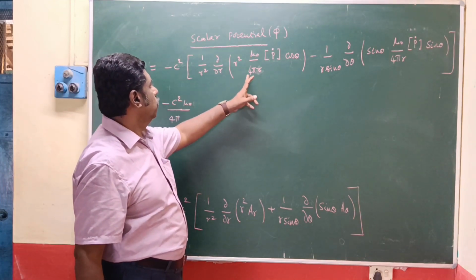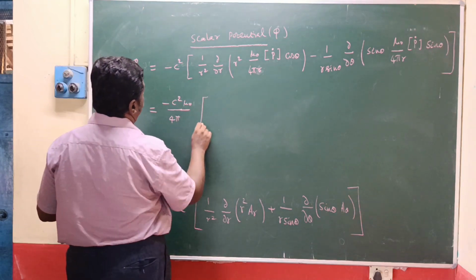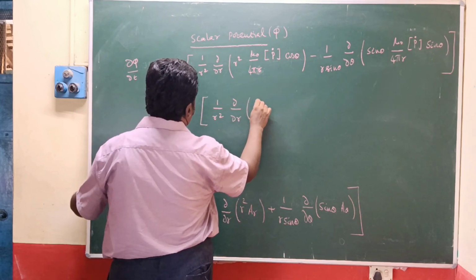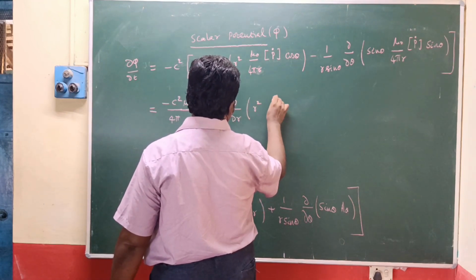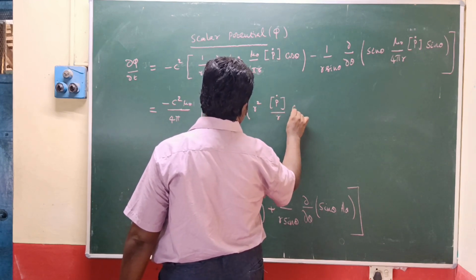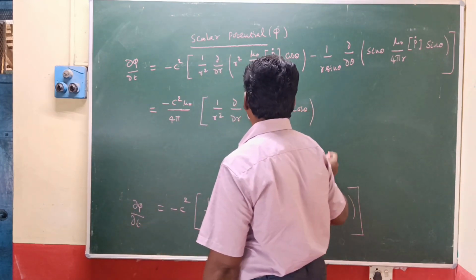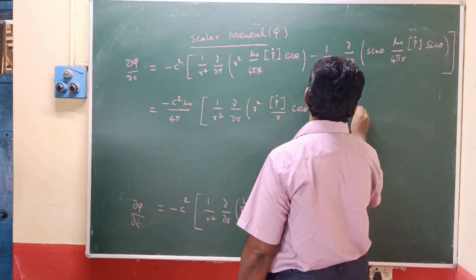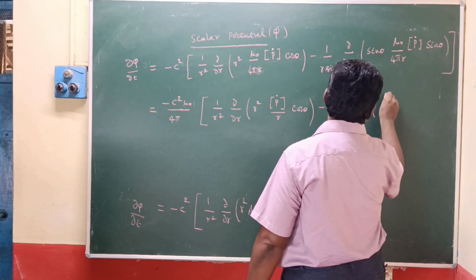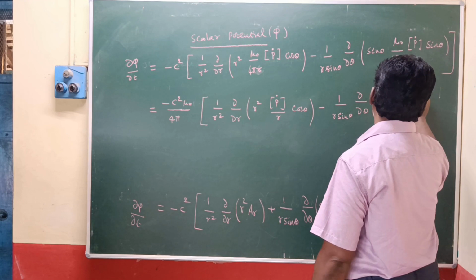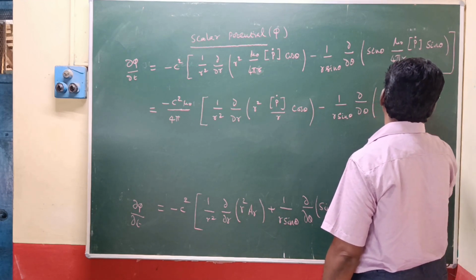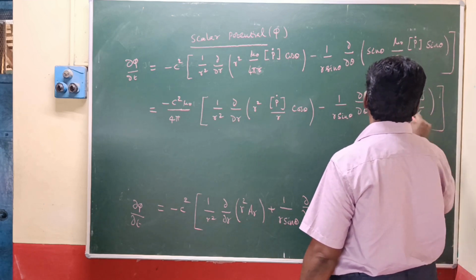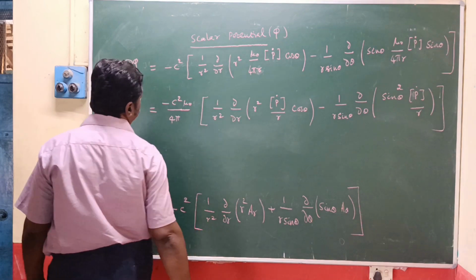So we have taken out mu naught divided by 4 pi outside: 1 by r square dou by dou r of r square, P dot by r into cos theta, then minus 1 by r sin theta dou by dou theta of sin theta into sin square theta, P dot by r.